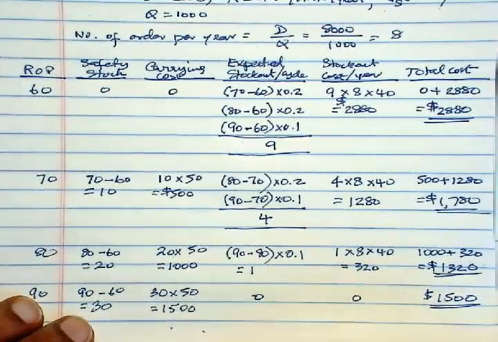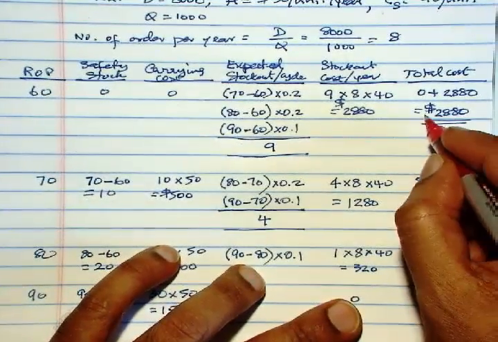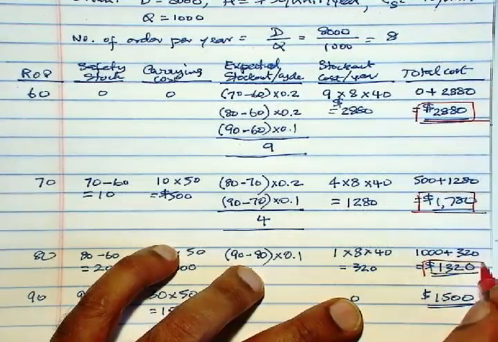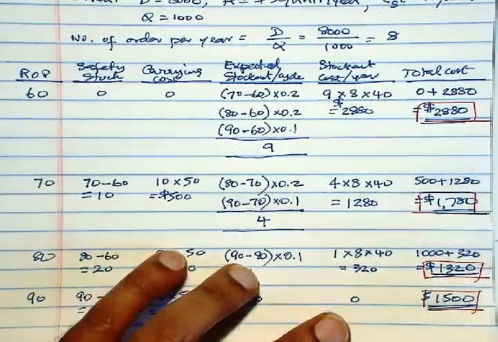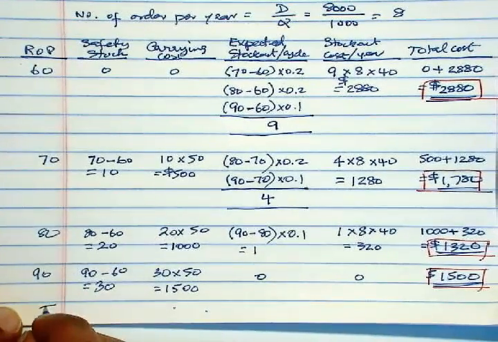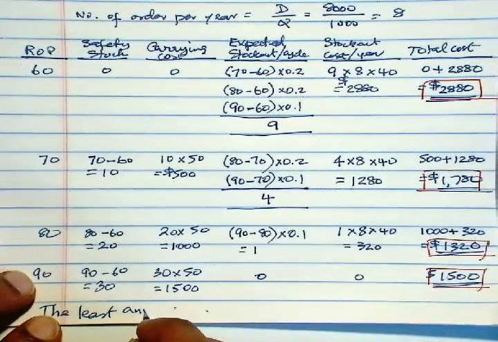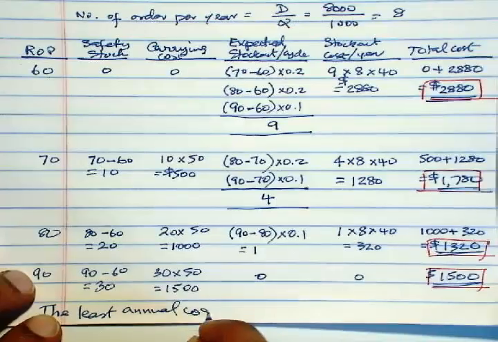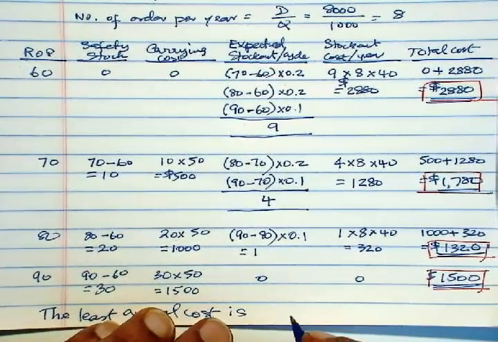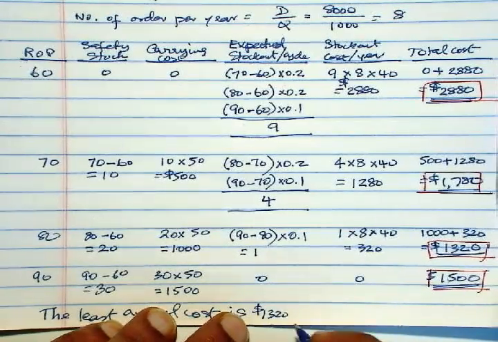So now we compare these four costs. Okay, so this is one, this is the second, this is the third, and this is the fourth. So the least annual cost is 1320.